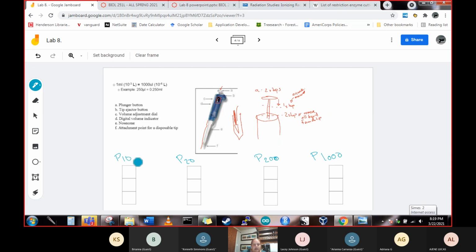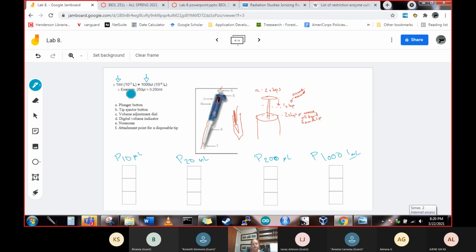A P10 goes up to 10 microliters. A P20 goes up to 20 microliters. A P200 goes up to 200 microliters. And a P1000 would go up to 1000 microliters or 1 milliliter, which is what this is showing right here. It's showing that 1 milliliter is equal to 1000 microliters.